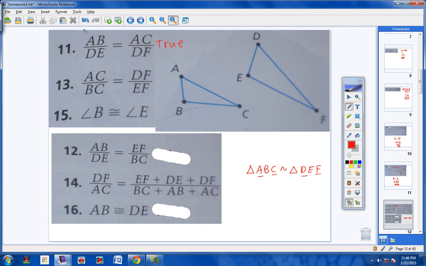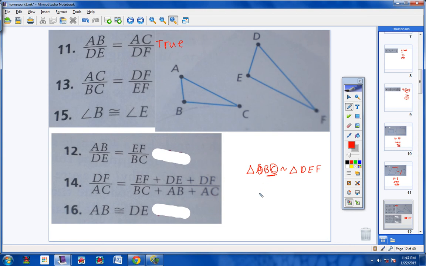Alright, let's take a look at number 13. Number 13 says AC over BC. Now be careful, watch this. AC, these two, over BC, these two.